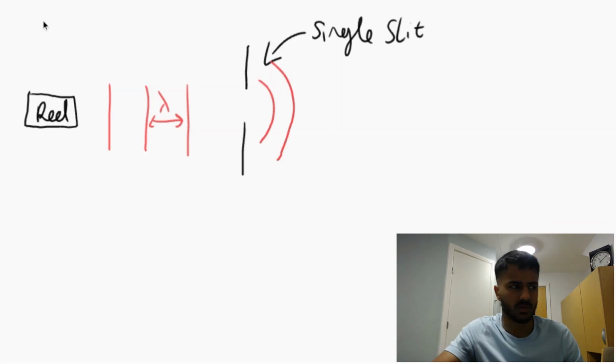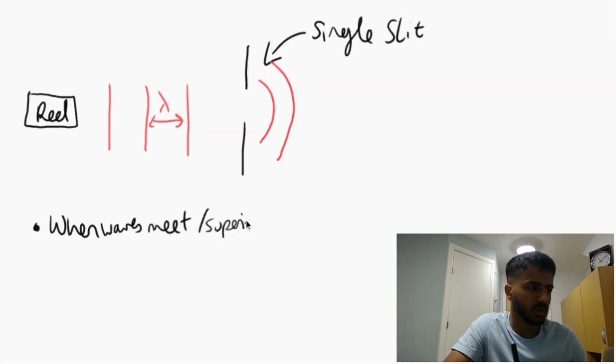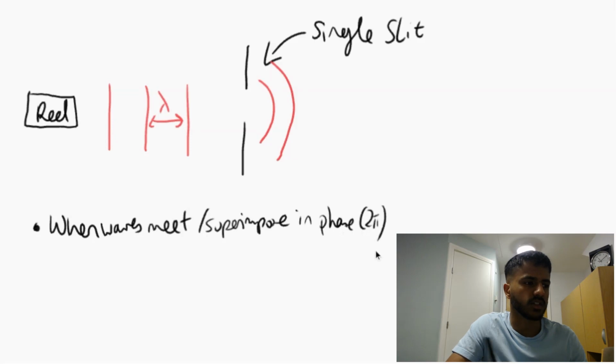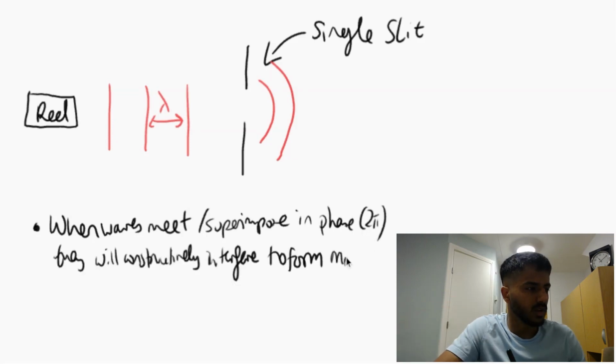So what goes on? Well, when waves meet, or you could say superimpose, in phase, so that means that they have a phase difference of 2 pi radians, they will constructively interfere to form maxima.